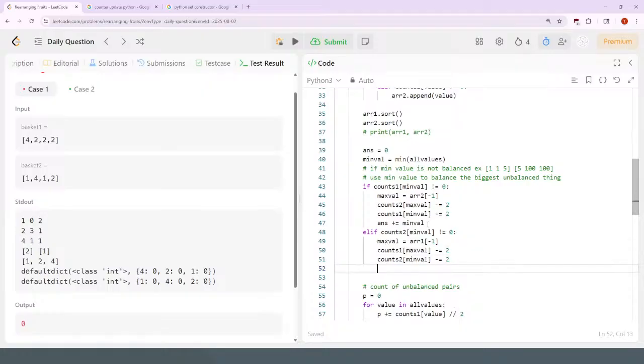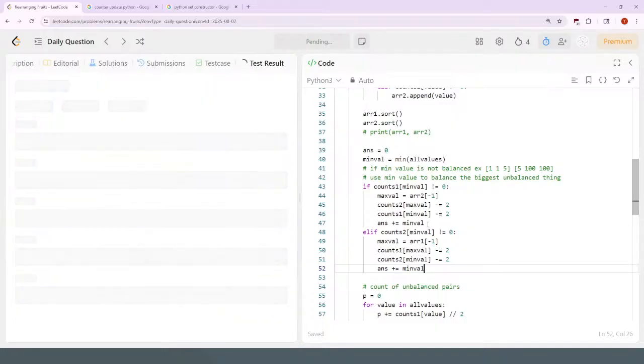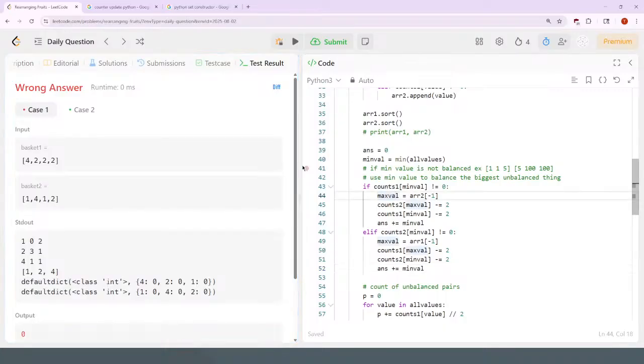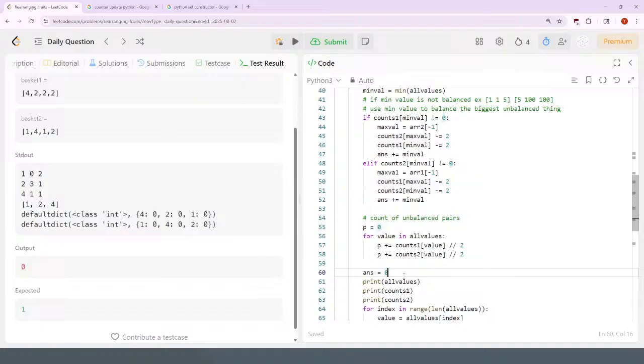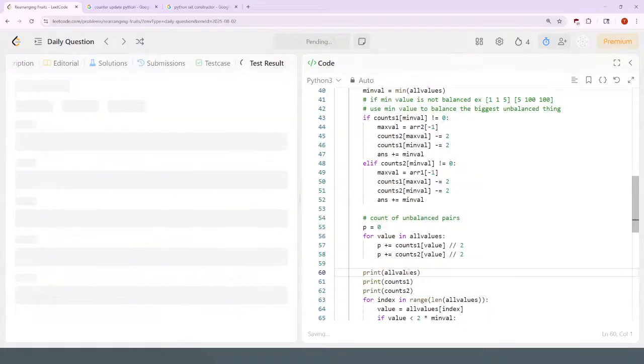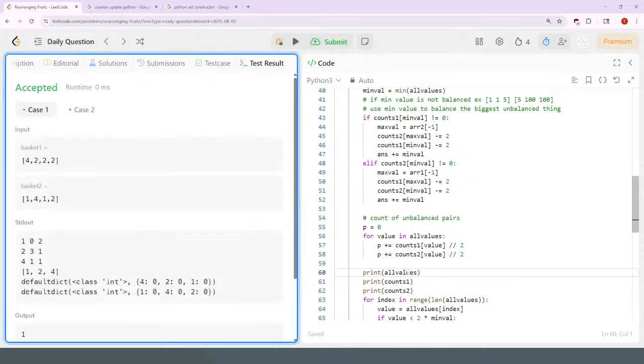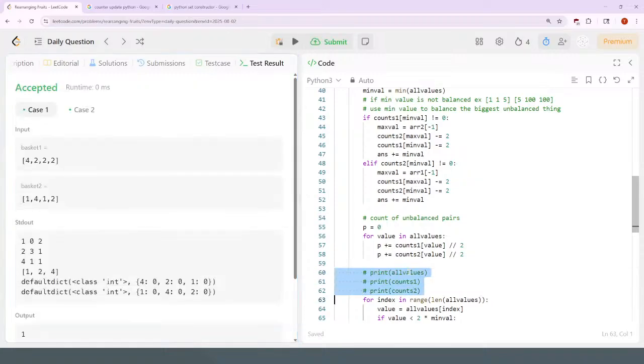Same deal here. And the answer should not be reset to 0 there. Okay.